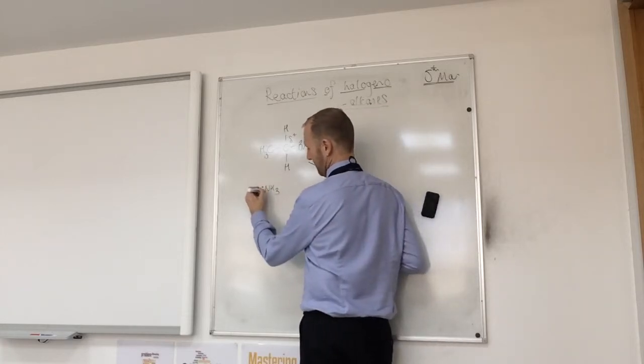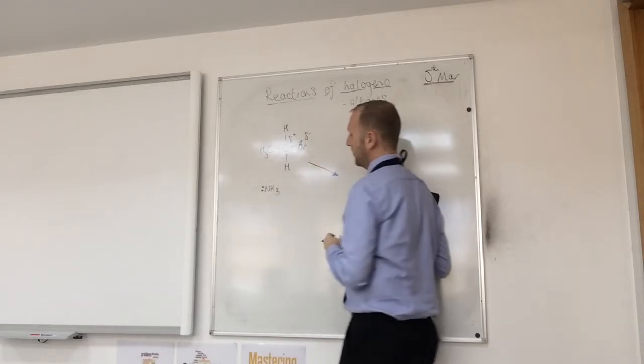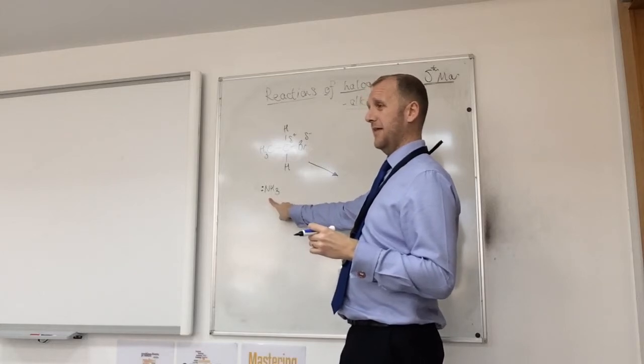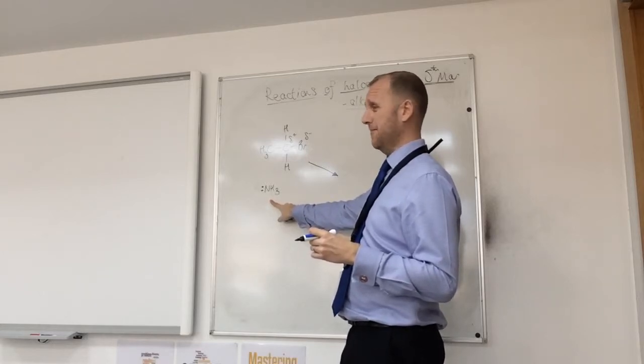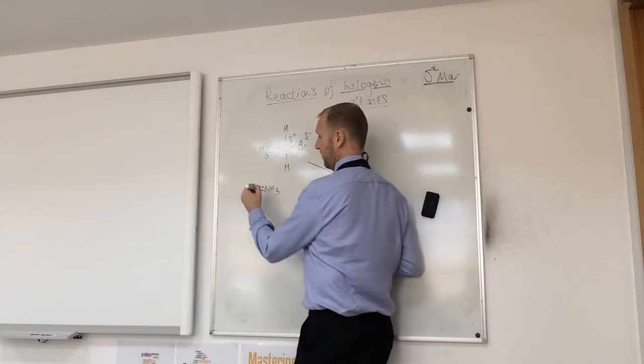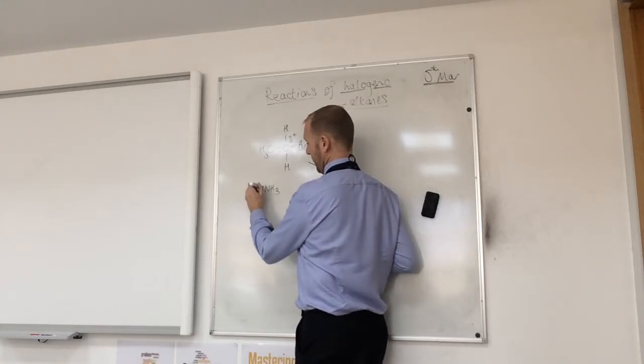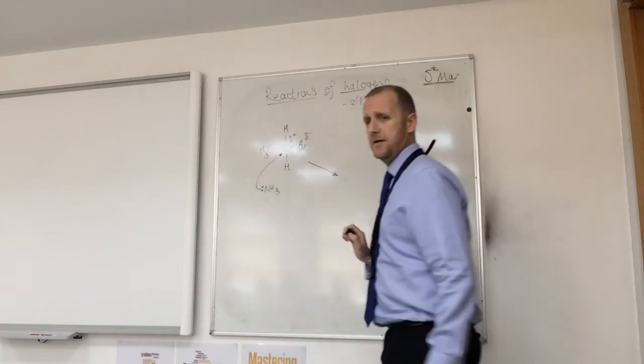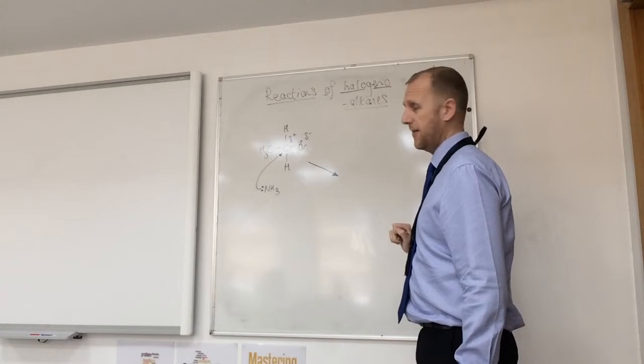We'll pop it there. Notice, by the way, it's got no negative charge with it. That's going to affect something afterwards. But hopefully you've got the same attack towards this. I reckon everyone would have done that exactly the same way.